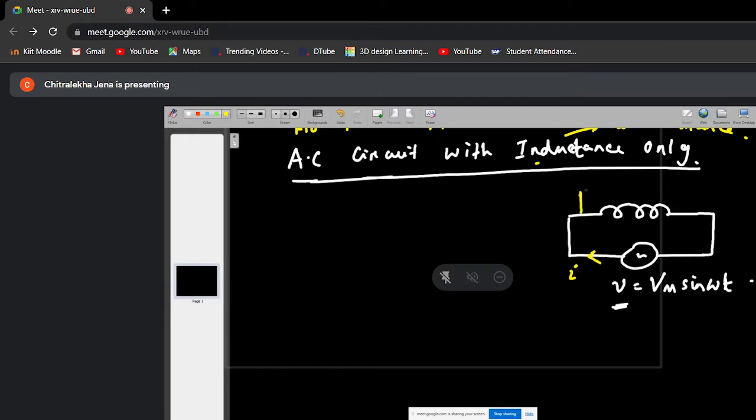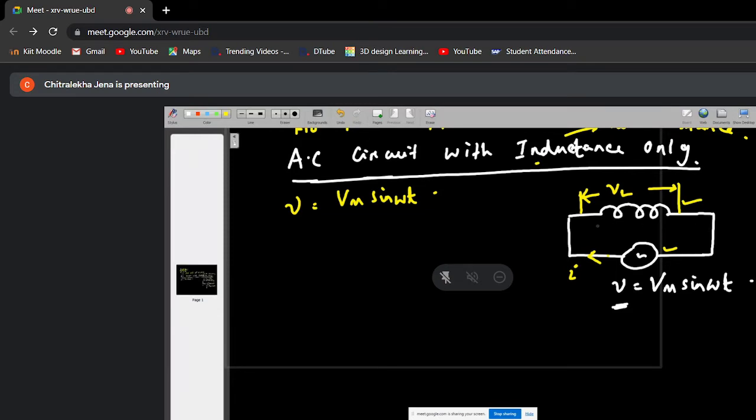Now the voltage across the inductor, let it be VL. In mathematical form, V is equal to Vm sin omega t. Now remember, when I am providing an AC voltage and AC current is flowing, due to the presence of the inductor, what will happen?